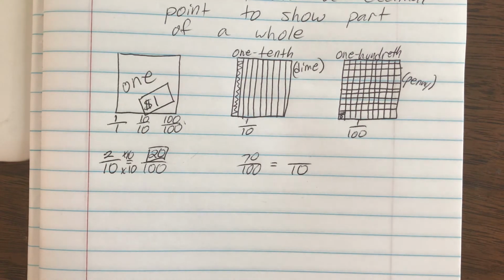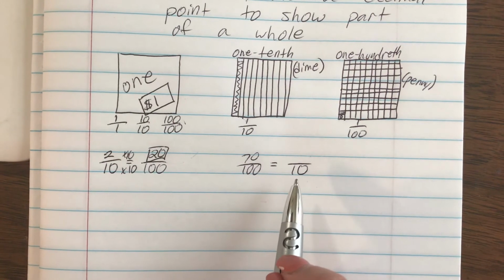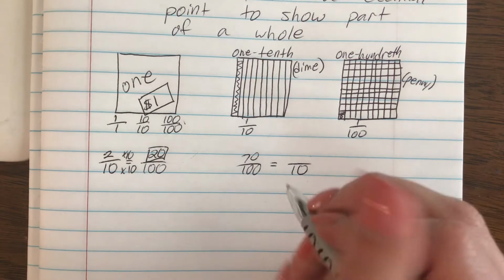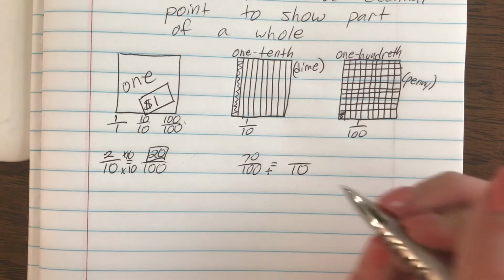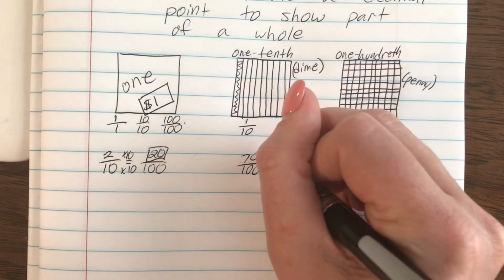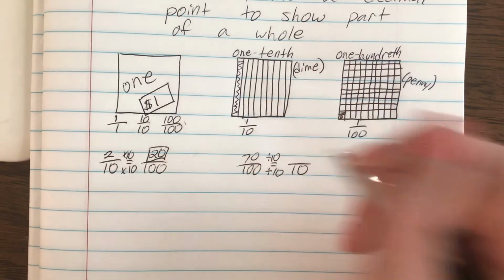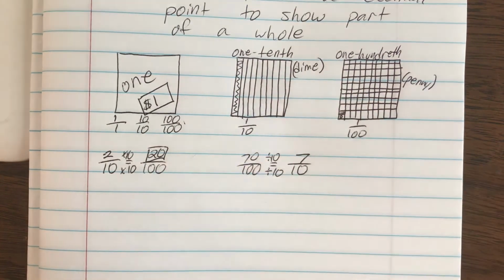So we're going to have 100 going to 10. Since we're going smaller, we are going to be dividing on this side. And again, there's only one number we can divide by to get down that far, which is 10. Do the same thing on the top. So we're going to be dividing by 10/10. So 70 hundredths is the same thing as 7/10.